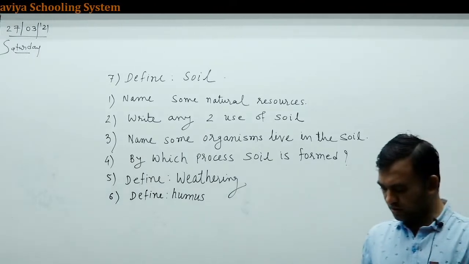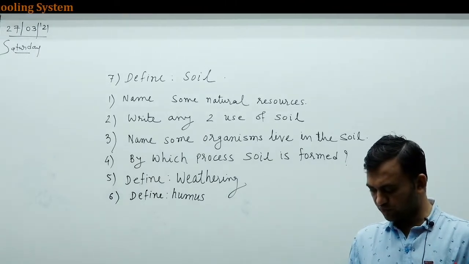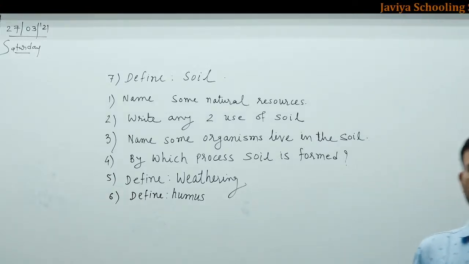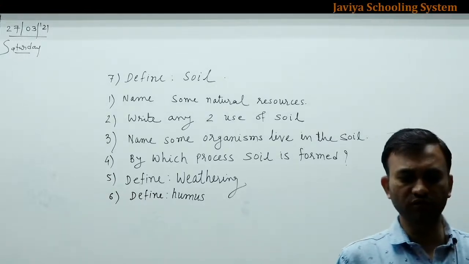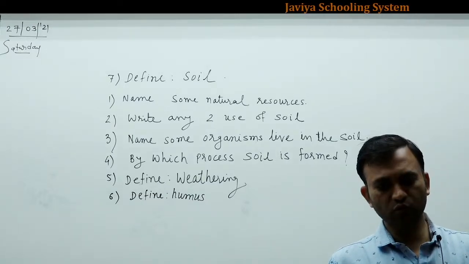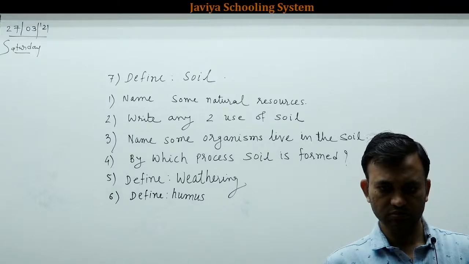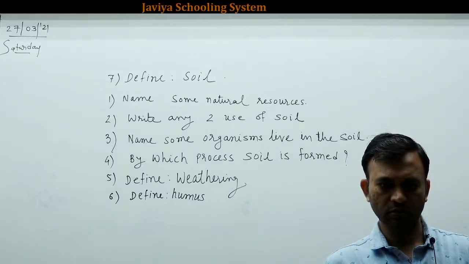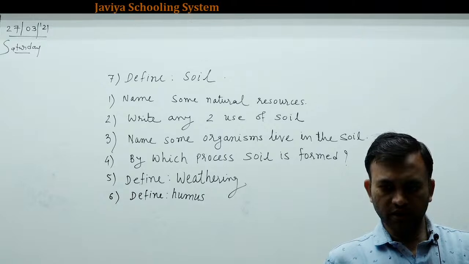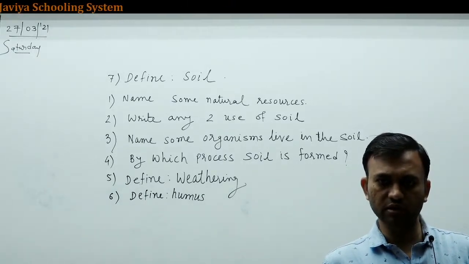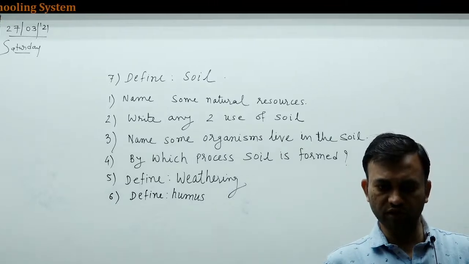So nature of any soil depends upon the rocks from which it is formed and the type of vegetation that grows in it. So do you think that everywhere the soil is same? Again I repeat my question, do you think that the soil is same everywhere?